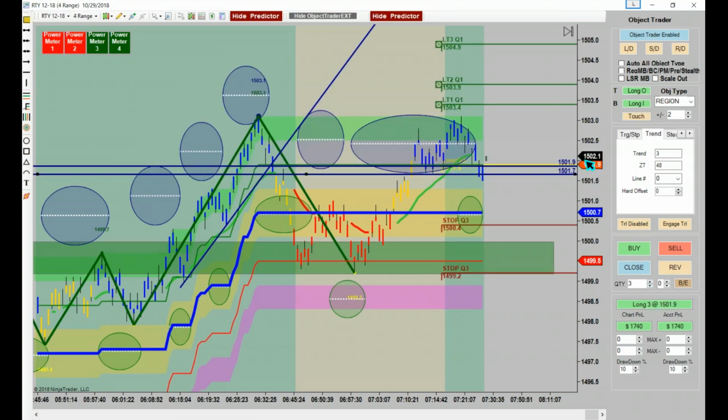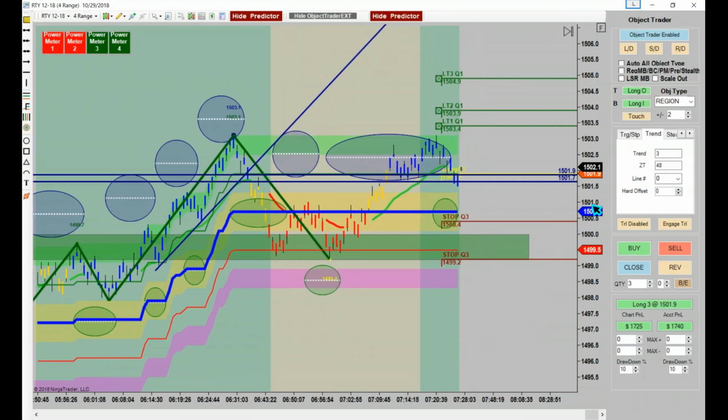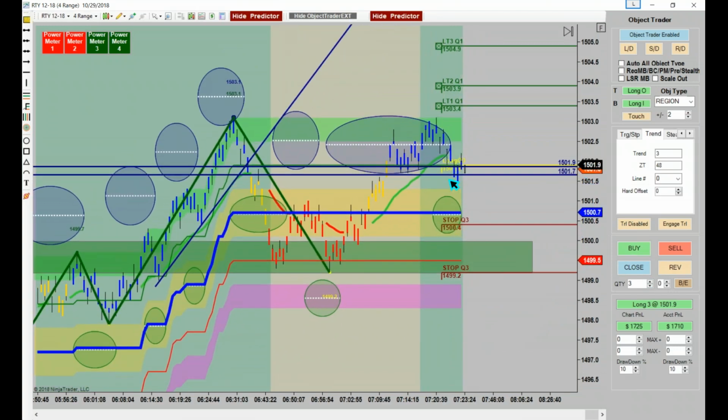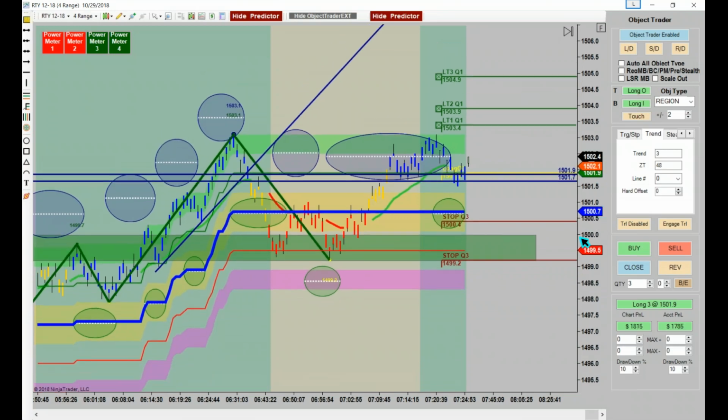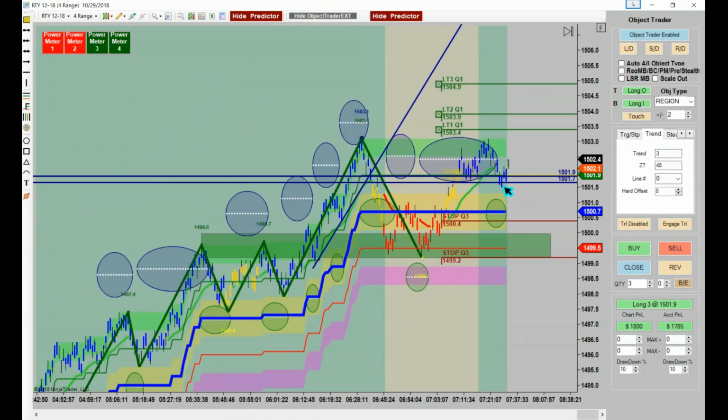Came right to my line. Now, was that a little gutsy? Well, in a way, but it closed above line 6, so I grabbed it. See, it just wicked it, but it closed above it. That's when I hit the button. It closed above it.